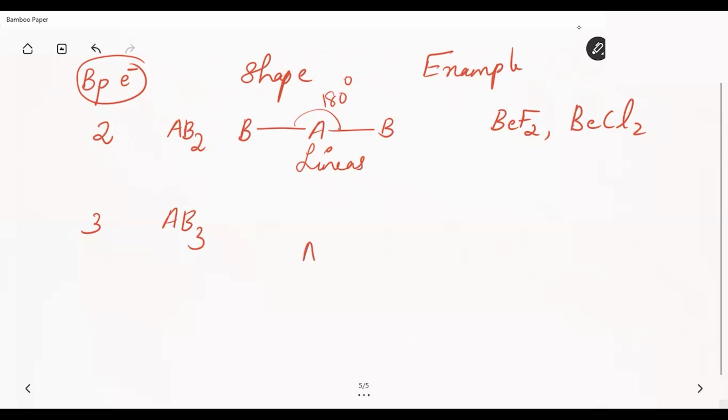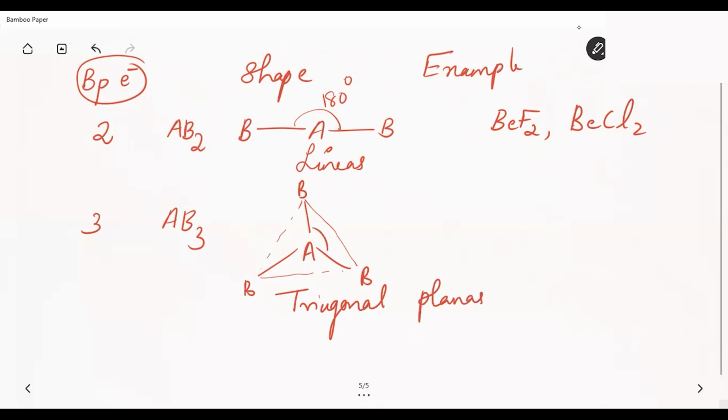So we arrange A here, and make it like a triangle, and put the electron pairs B, B, B. So what is this shape? Trigonal planar, like a triangle, right? Trigonal planar with a bond angle of 120 degrees.